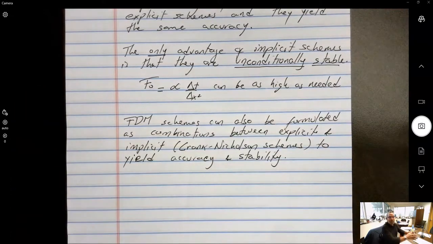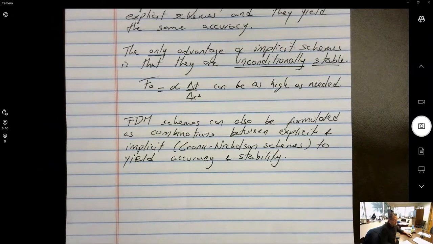So you can compromise on one end and gain on the other, and so on and so forth.